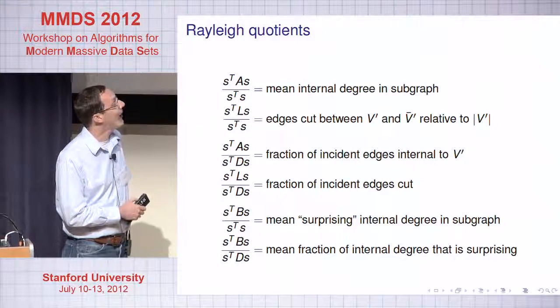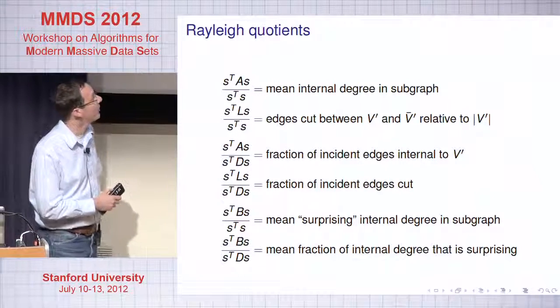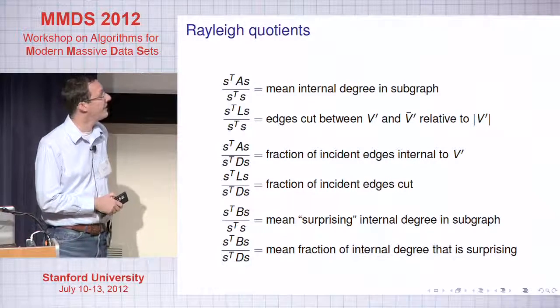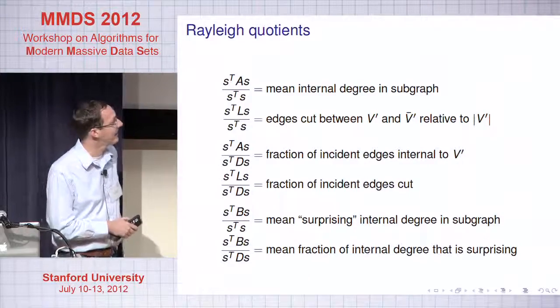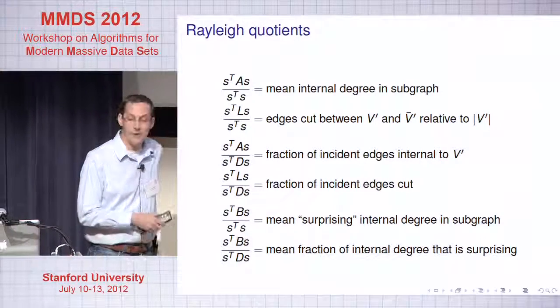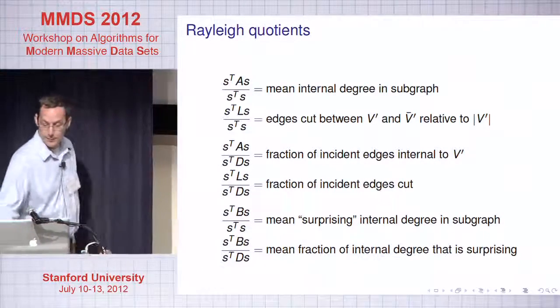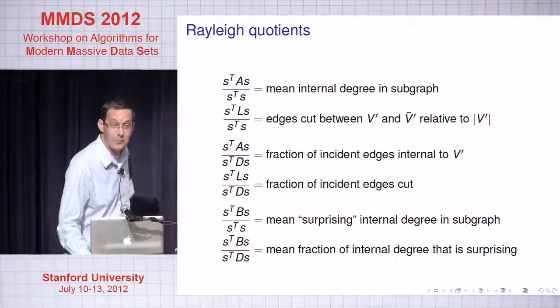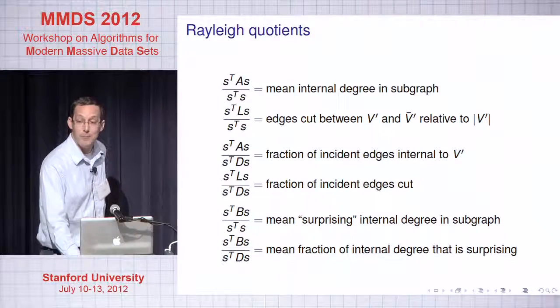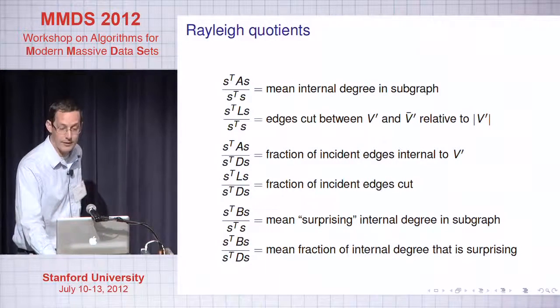You can look at the fraction of incident edges that are internal. You can look at the fraction of incident edges that are cut. You can look at the mean number of surprising internal degrees of freedom in a subgraph, whatever you want. So looking at ratios of these quadratic forms gives you some normalized measure of something interesting about a subgraph.